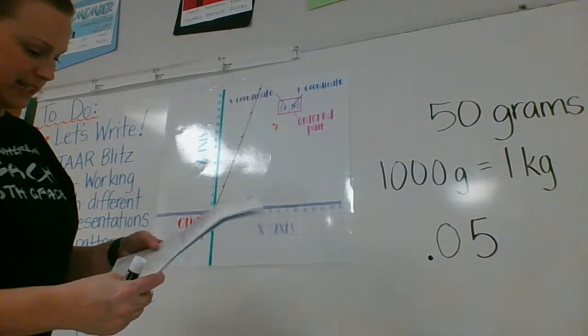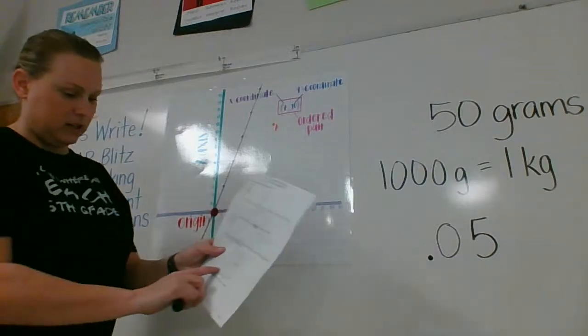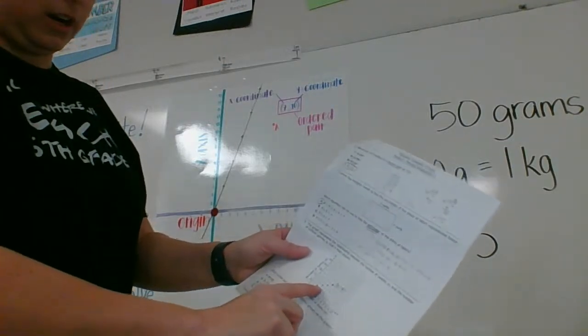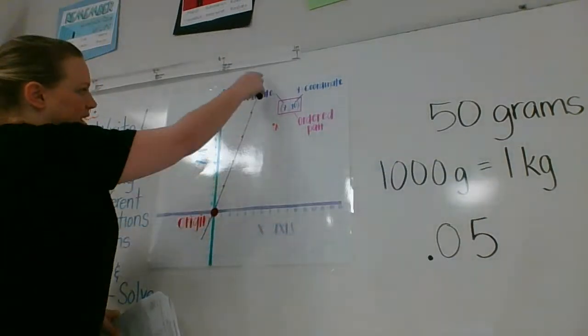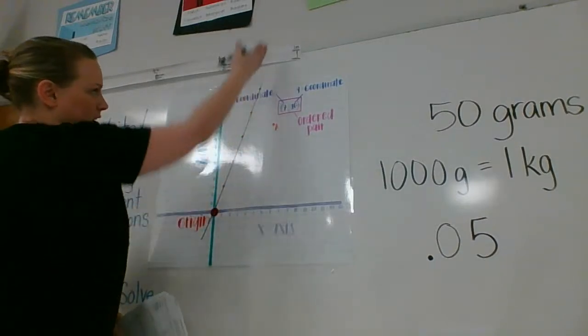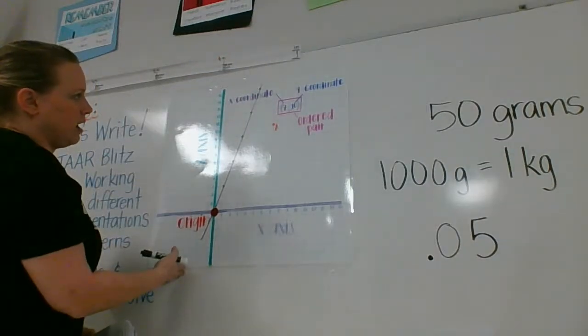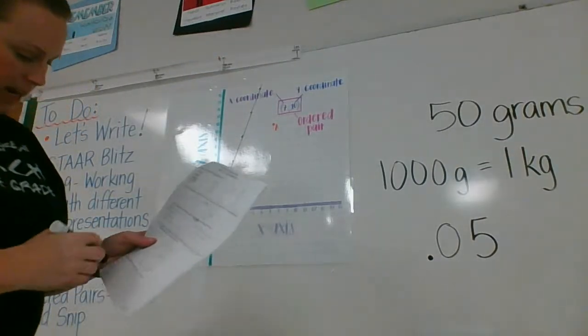Which number pair extends the pattern shown on the graph? So what we did is all the dots right here, we connected a straight line through them and extended the line past the first and the last dot. And then we tried each number pair.